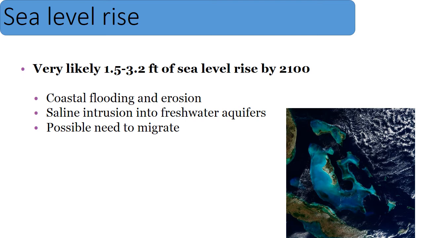The rising salt water can also get into our freshwater aquifers, where we get some of the water that we drink. And if we have a loss of land, a loss of our low-lying areas, it could very likely lead to the need for people to migrate or move away from certain areas. I'll let you think about which areas people would need to move away from.